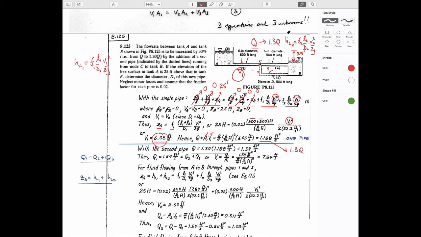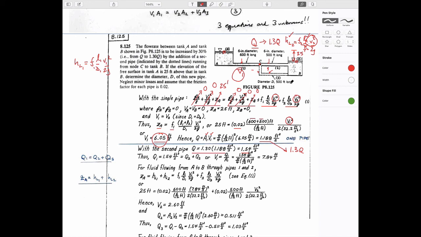So the remaining head loss we would know, and the friction factor we're given, and we know it, right? So 0.02, that doesn't change. And so we know the length of the pipe, we know the diameter of that pipe, and we know the velocity squared. And so we could solve for V2.